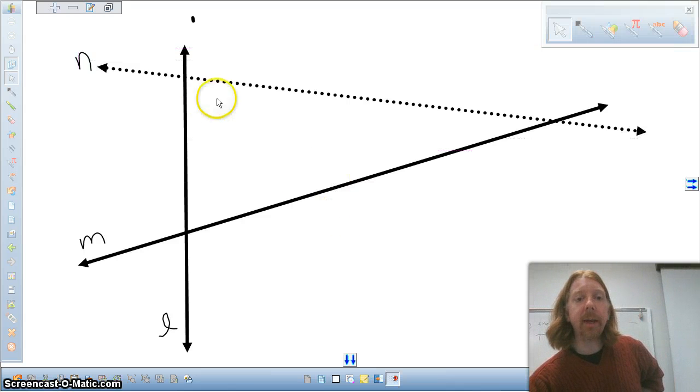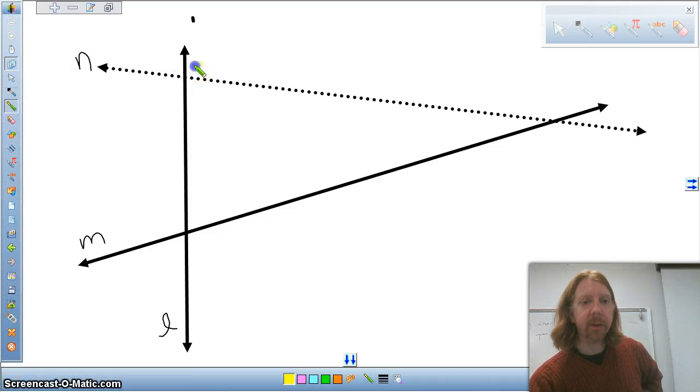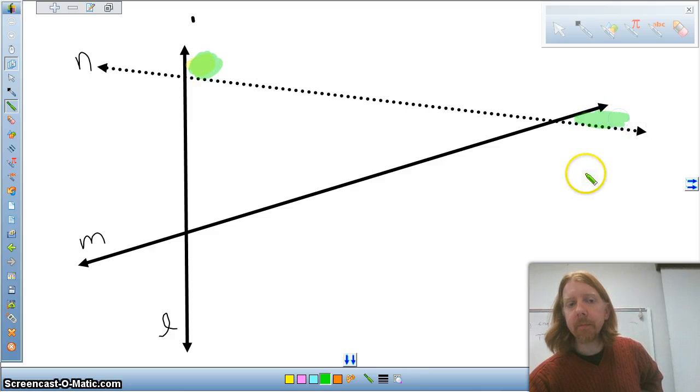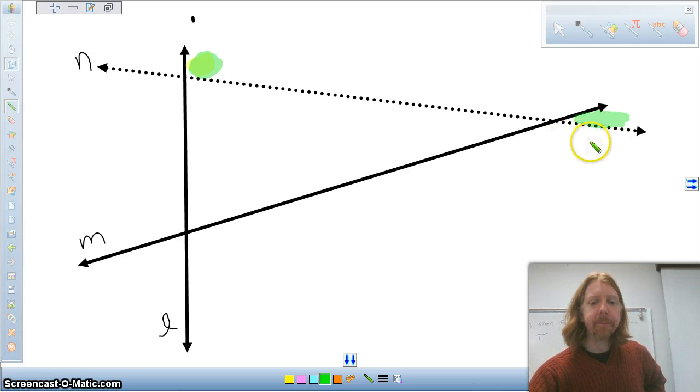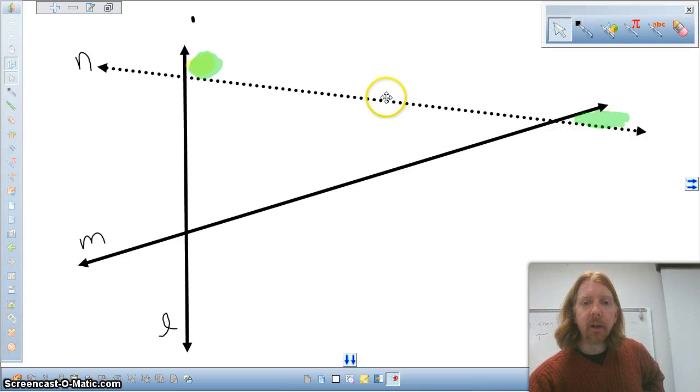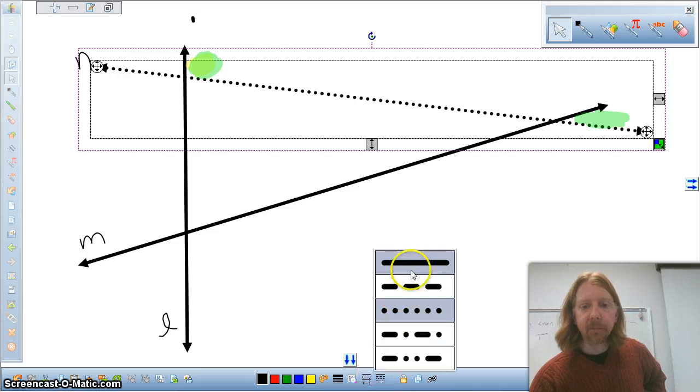And that's going to create some angle pairs. So for example, this angle here corresponds to this angle over here. Follow that? Now, let's put that back into being a solid line.